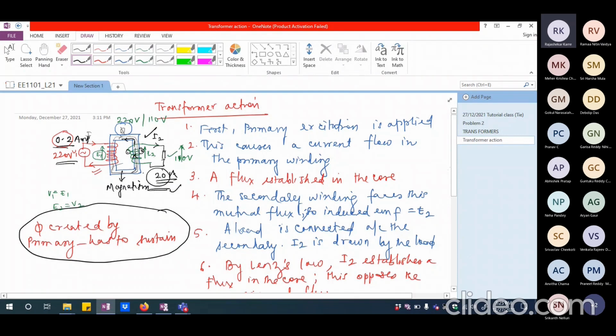So that is the reason why all the electrical machines are normally made up of ferromagnetic material. The core will always be made up of ferromagnetic material.